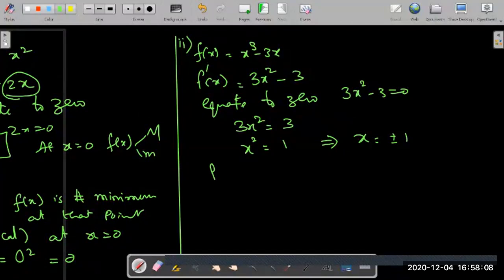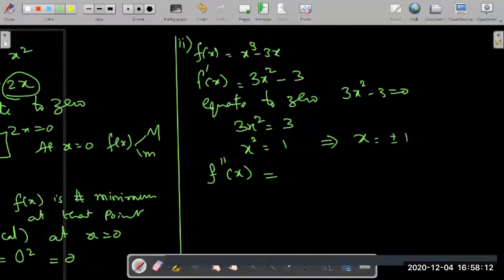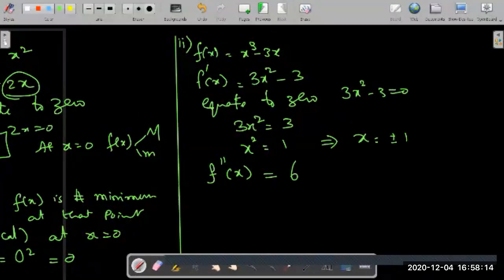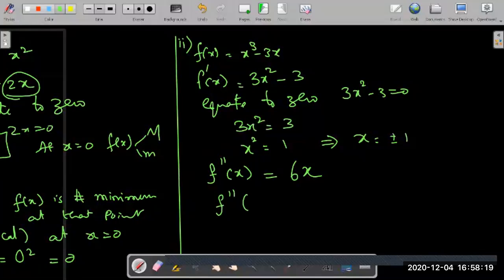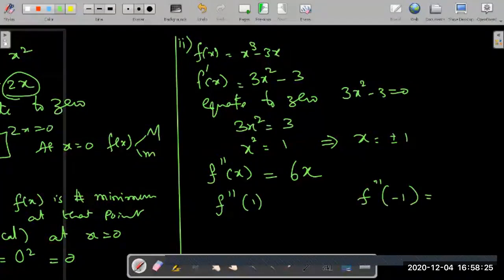So let's see f double dash x, that means I'm differentiating this. I get 6x. I'll have to try now f double dash 1 and f double dash minus 1. So f double dash 1, I'll get 6.